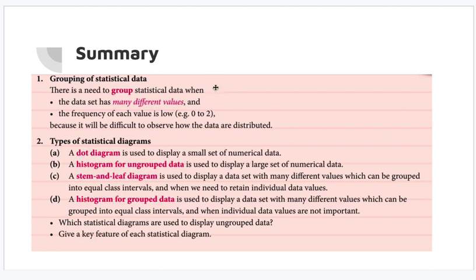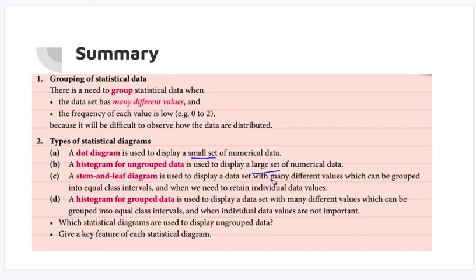In summary, if we are grouping statistical values, we don't need to group when there are too many different values. For the different types of statistical data, dot diagram is meant for a small set, and histogram for ungrouped data is used for a large set of data.